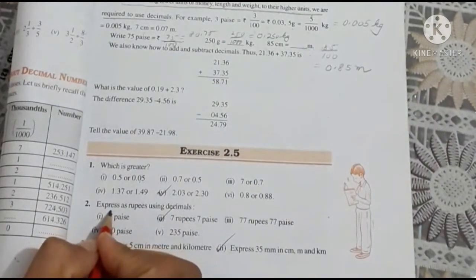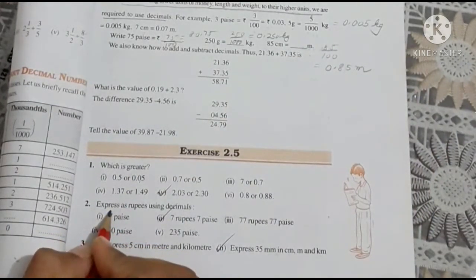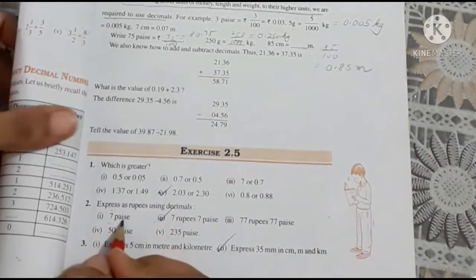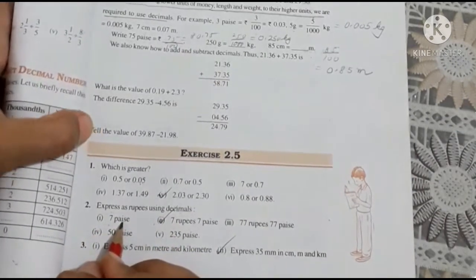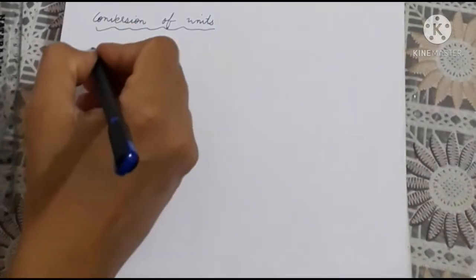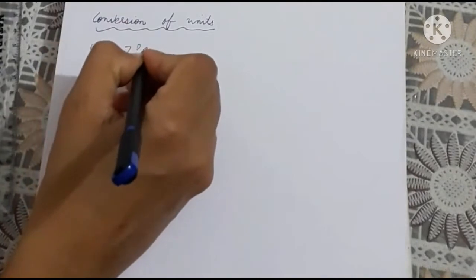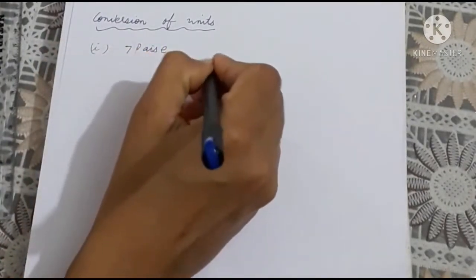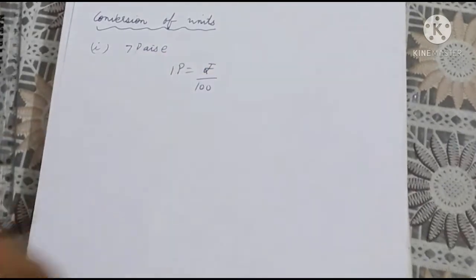Question number 2 of exercise 2.5, express as rupees using decimal. This you will do in the notebook. The first part is 7 paise. We have to convert it into rupees. First you have to write the relation: 1 paise equals rupee 1 upon 100.